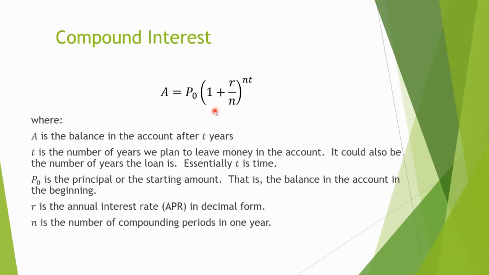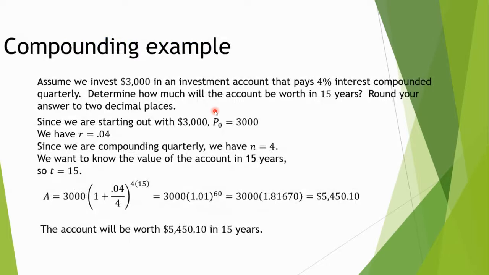Okay. Let's do an example. So let's suppose, I mean, we did one already, but let's do one now with the formula. Suppose we invest $3,000 into an investment, and the investment is paying us 4% interest compounded quarterly. 4%, that's our APR, annual percent rate.